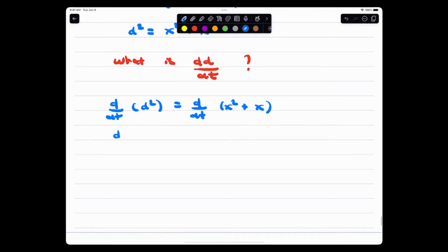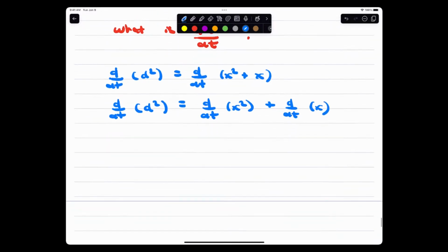And then d dt of what? d dt of d squared is d dt of x squared plus d dt of x now.